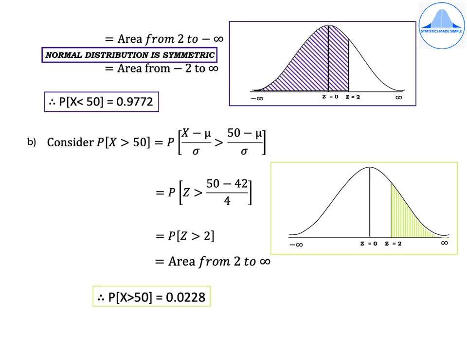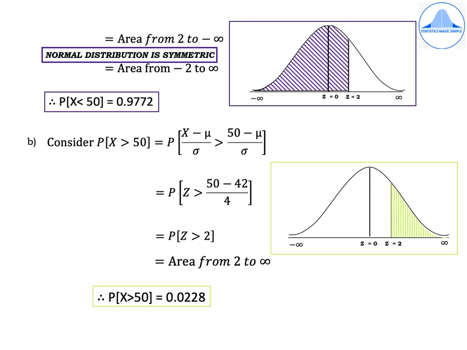Now let's move on to the second subdivision. In the second subdivision, you should find the probability that a value taken by x is greater than 50. So start with subdivision B. Consider probability of capital X greater than 50. Now again you have to standardize. Standardize means what? From x and from 50 subtract mu and divide by sigma.